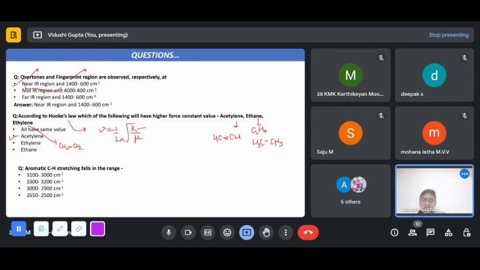So K is the force constant, and it tells about the bond strength, how strong a bond is. Just remember the force constant value for a triple bond will be higher, then double bond, and then single bond.